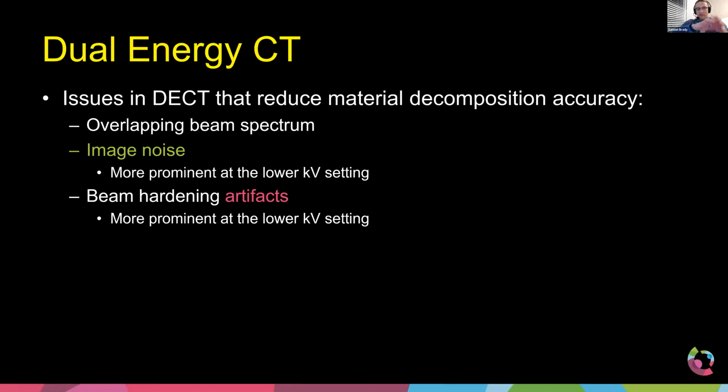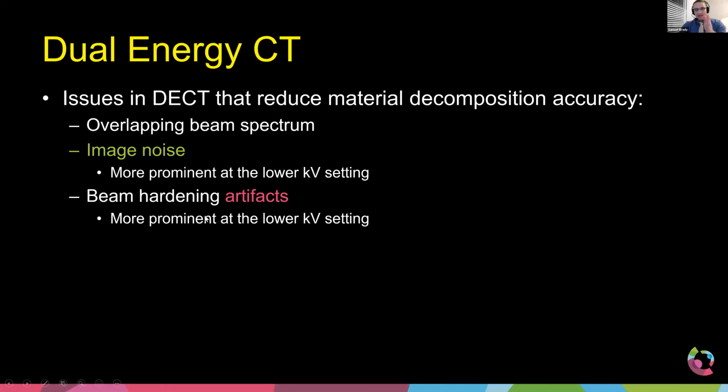If you have a spectrum that is predominantly low energy, those lower energy photons are mostly absorbed in the body, and only the higher energy component of the spectrum exits and collects on the detector. So it, quote unquote, hardens the beam, shifting it to a higher half value layer. Because the spectrum changes as it goes through our body, this causes beam hardening artifacts.